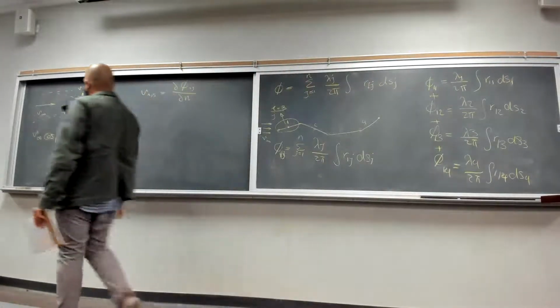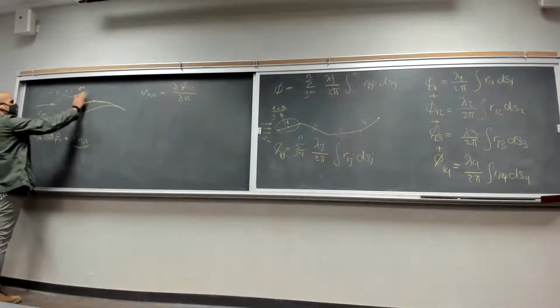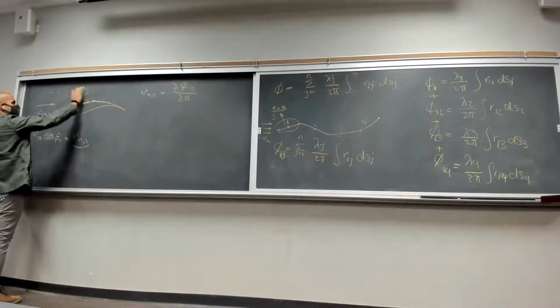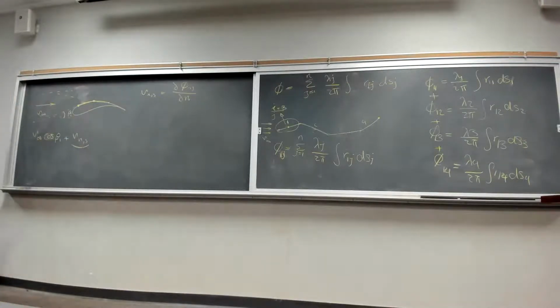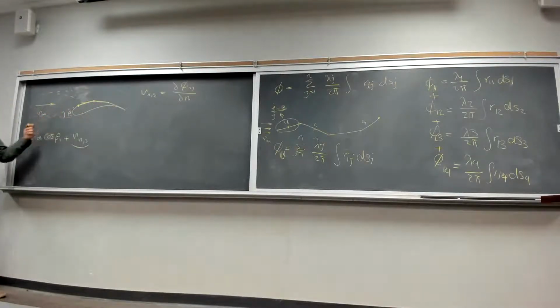What do you mean by regular Vn? I just wanted to showcase the velocity normal to the panel, right? It was a direction normal to the panel. That was the idea, right? You're going to have two components of velocity there: the velocity induced by all the other panels, and the normal component of V infinity.